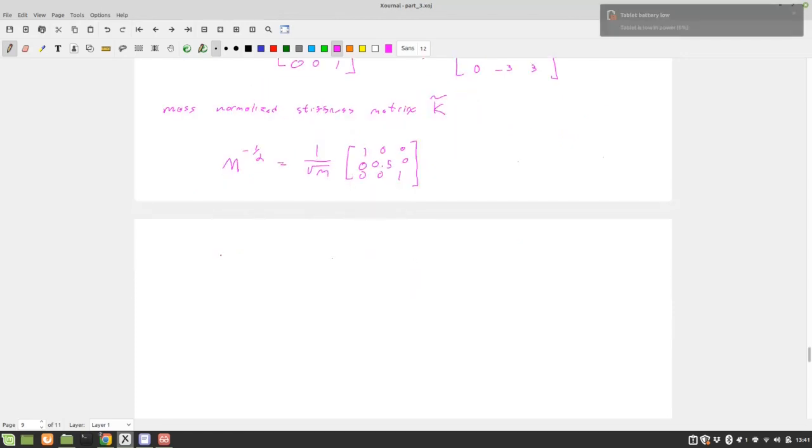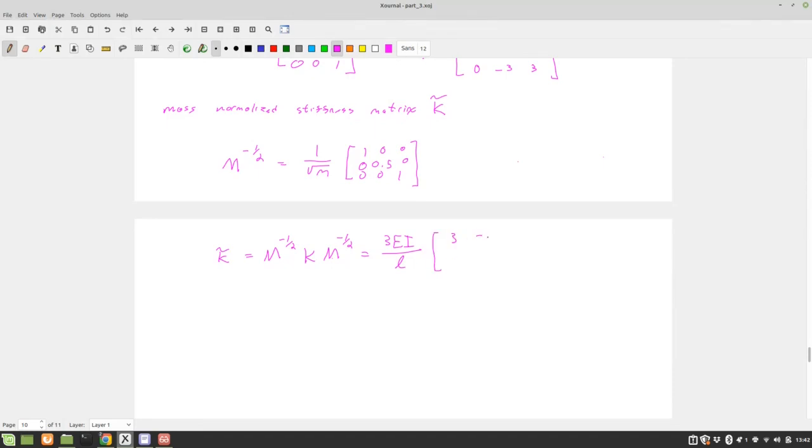Okay, so K tilde is equal to M to the negative 1/2 K M to the negative 1/2, which is equal to 3EI over L times 3, negative 1.5, 0, negative 1.5, 1.5, negative 1.5, 0, negative 1.5, 3.